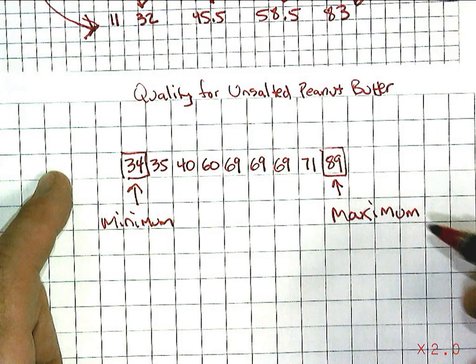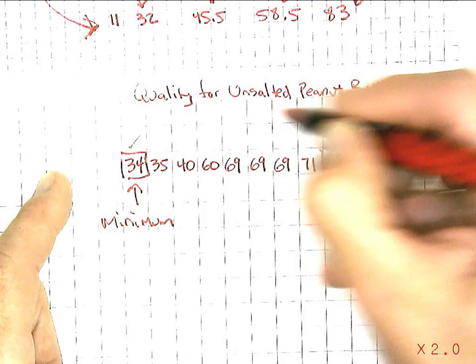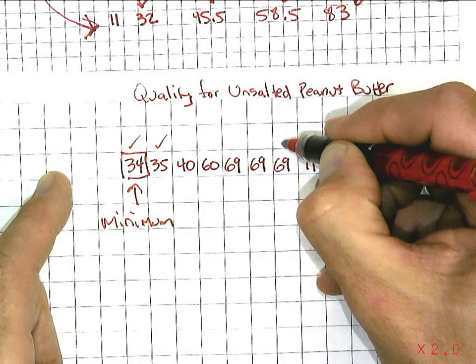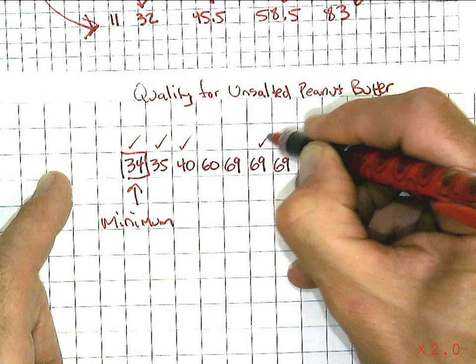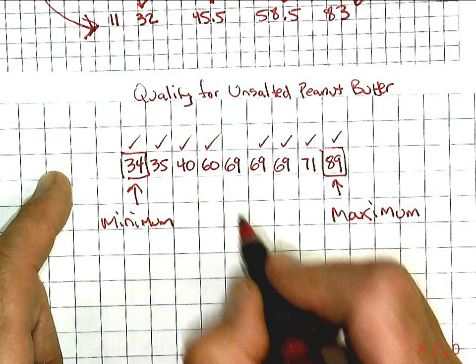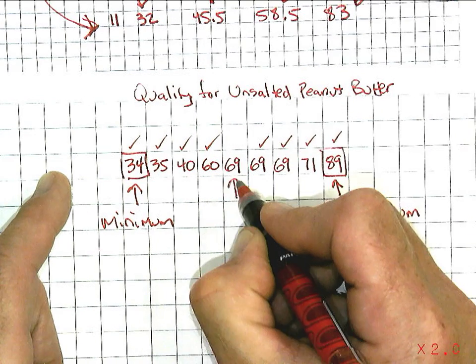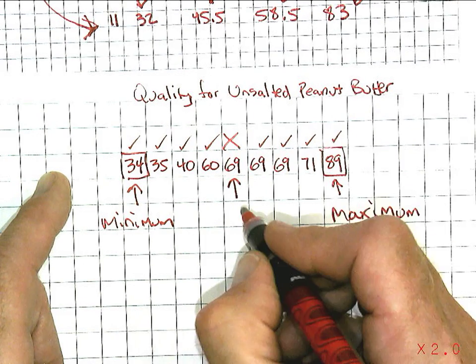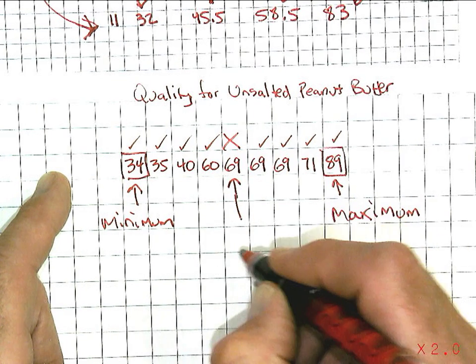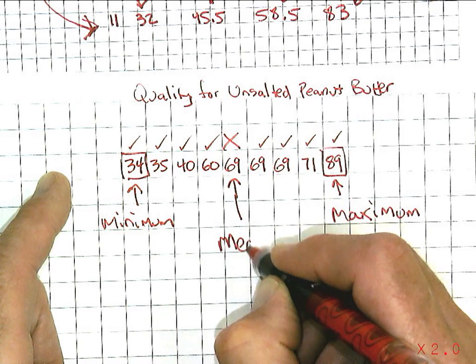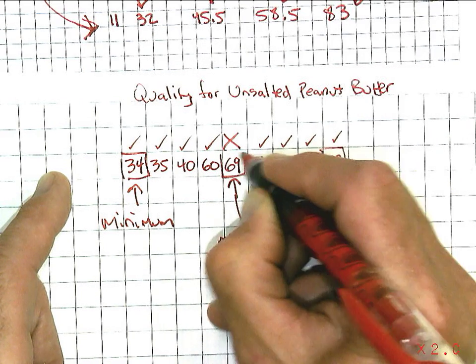And then if I work to the middle, 1 on each side, 2 on each side, 3, 4, and we actually have a middle number in this case, and that is the median.